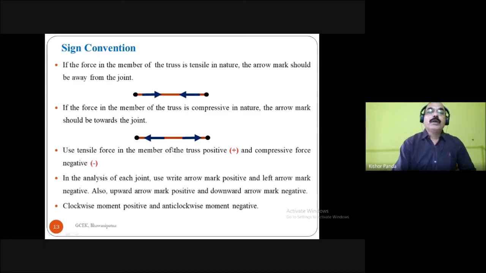Similarly, an upward arrow mark is positive and a downward arrow mark is negative. The clockwise moment is positive and the anti-clockwise moment is negative. You have to remember these sign conventions for the analysis of the truss.